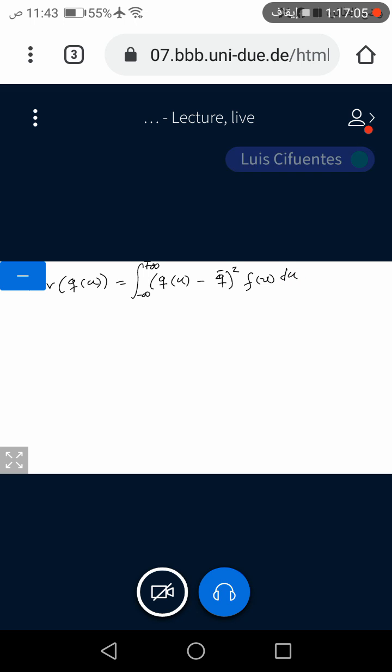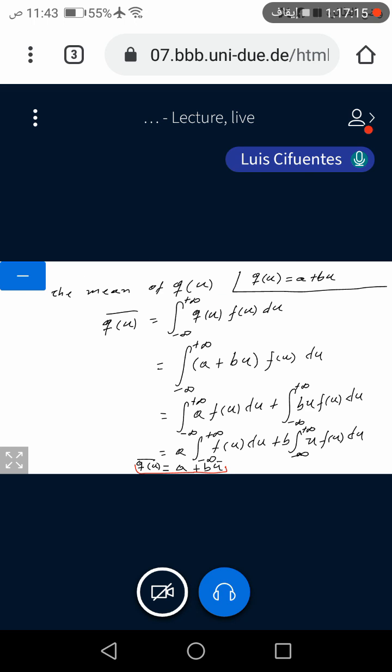We know the value of Q from this part here, which is this one.